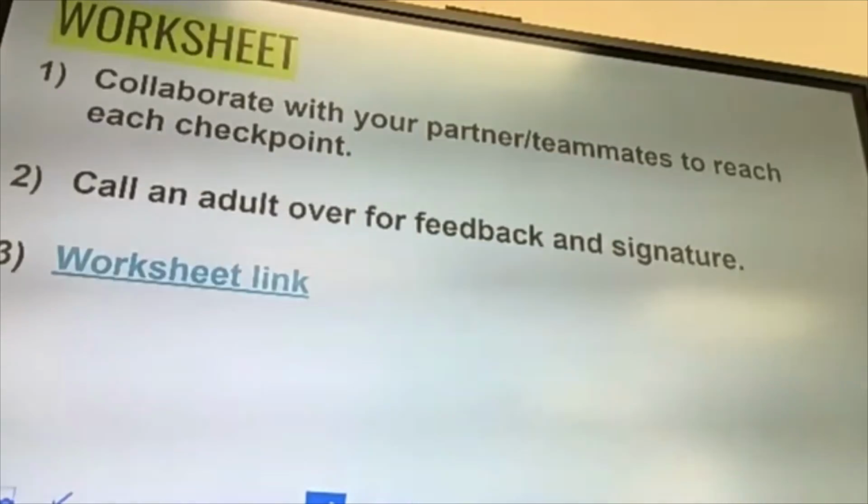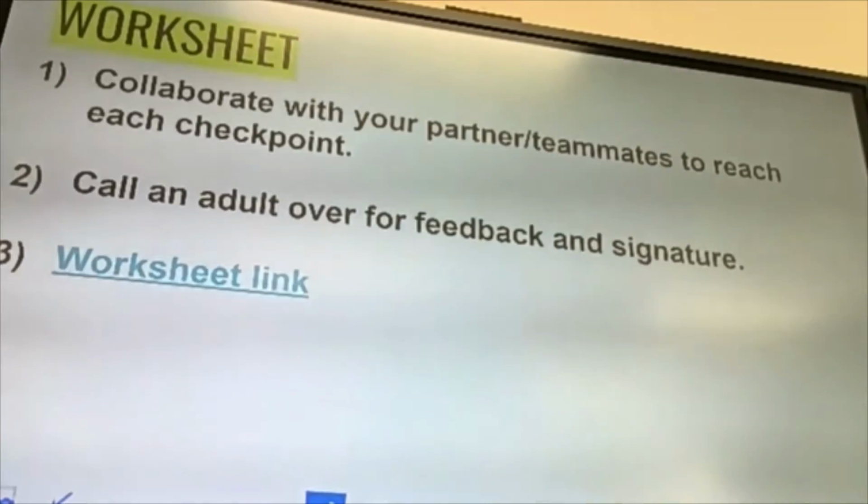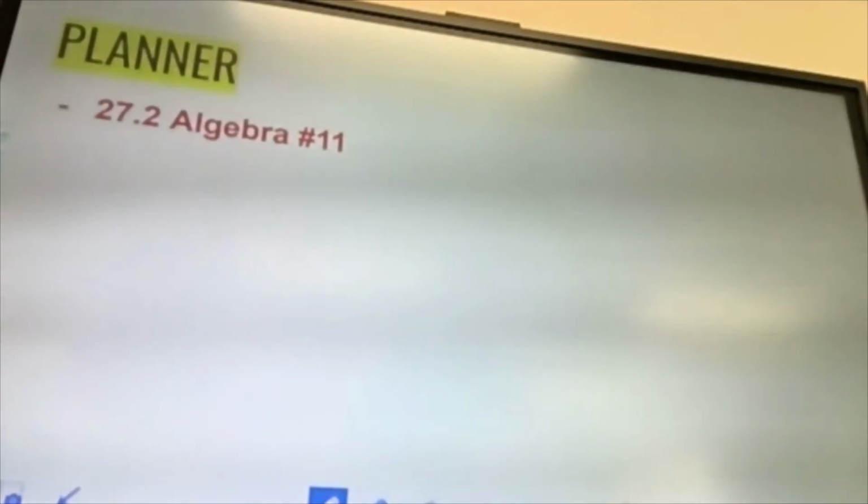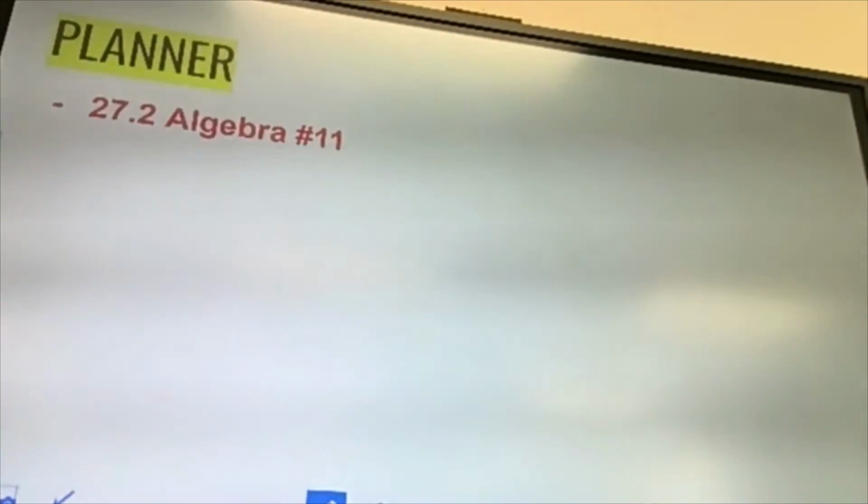As a reminder, please work with your partner or teammates on the worksheet, and when you reach the checkpoint, call us over for feedback. And there are 3 checkpoints on the worksheet. And for today's homework, it will be algebra number 11. Take care.